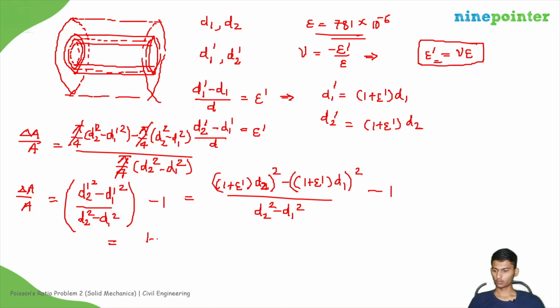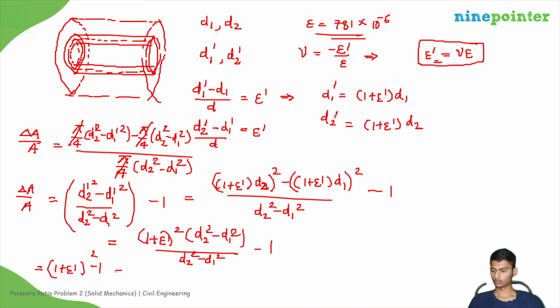So this will be equal to [1 plus epsilon' whole squared times (d2 squared minus d1 squared)] divided by (d2 squared minus d1 squared), minus 1. So this will be equal to (1 plus epsilon') whole squared minus 1. That will be equal to 1 plus epsilon' squared plus 2 epsilon' minus 1.